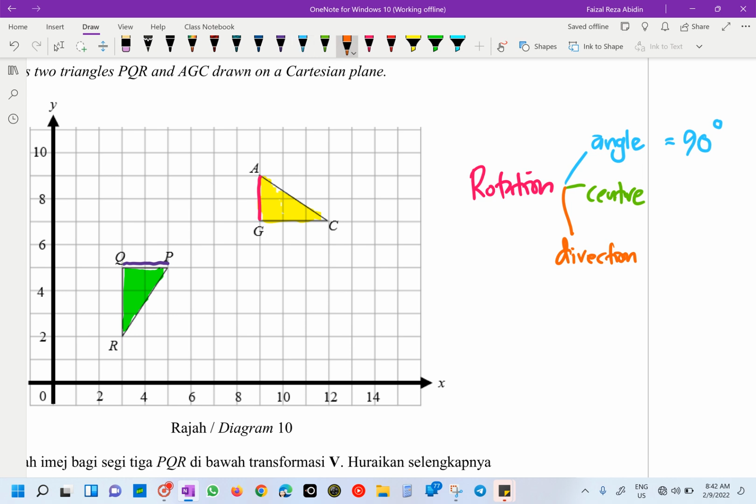Okay, remember, this is a tip on how to find our center. Clockwise, anti-clockwise. So the direction is going to be anti-clockwise.